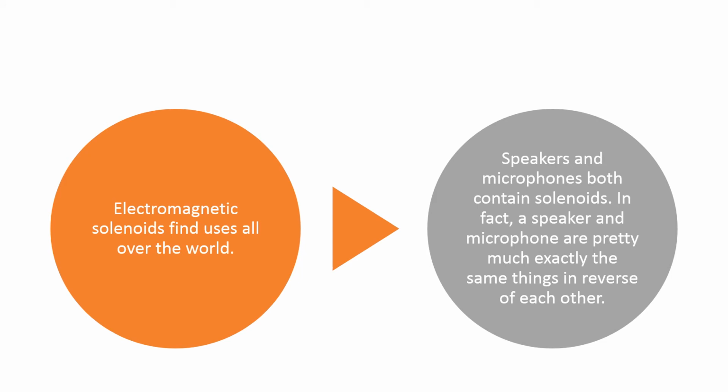Electromagnetic solenoids find uses all over the world. They are very useful. Speakers and microphones both contain solenoids. As a matter of fact, a speaker and a microphone are exactly the same thing, the reverse of each other. It has many applications. One is the creation of magnetic field.